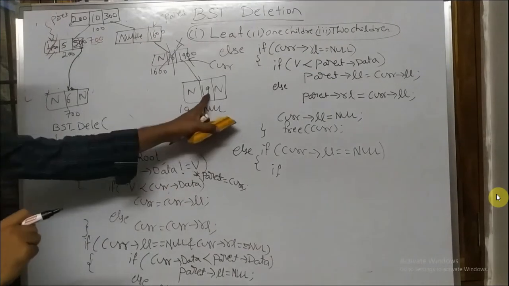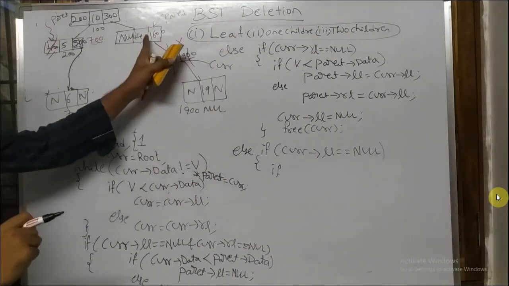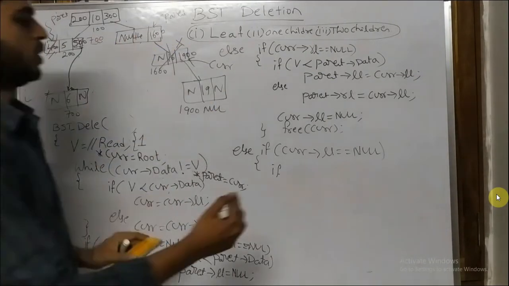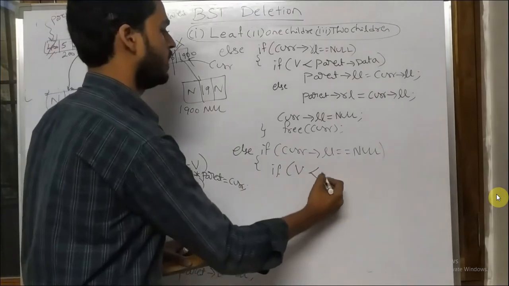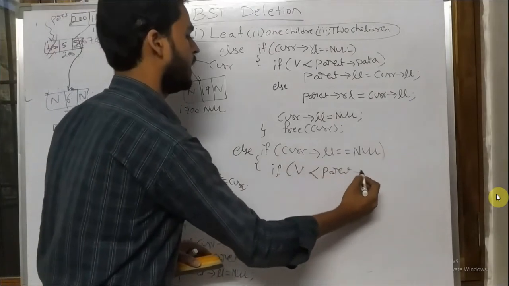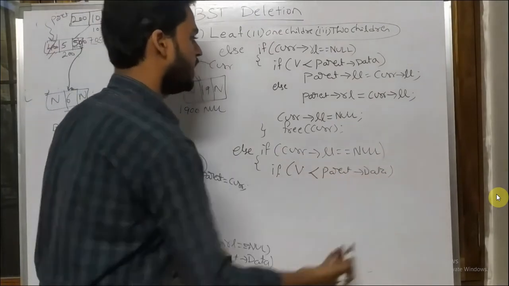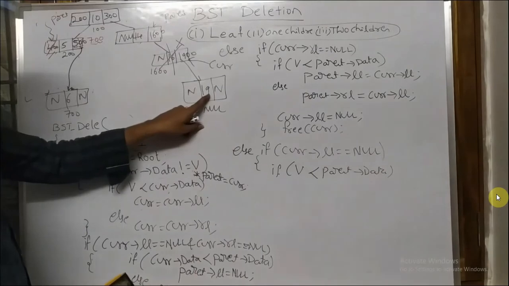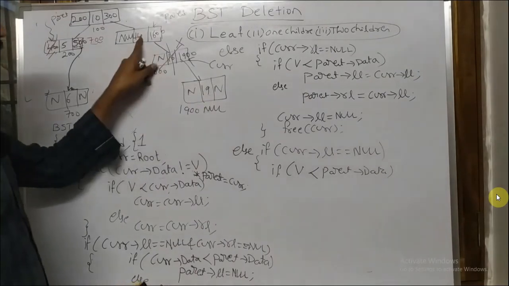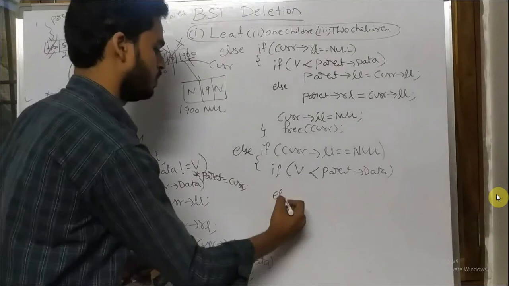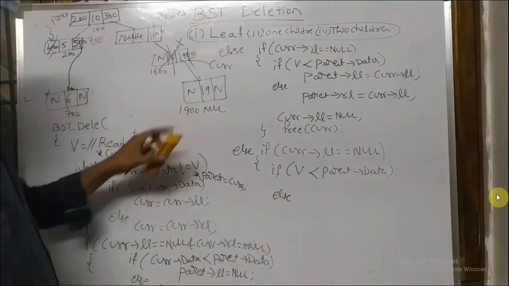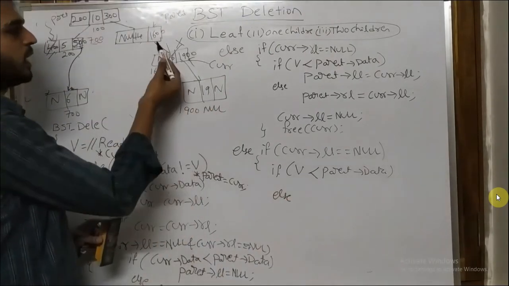So for that we are going to check with respect to the parent node. That is the reason we are writing v less than parent's data. If 19 is less than parent's data, no, it is not the case. Then what is the meaning of this? My 19 is located at the right side.